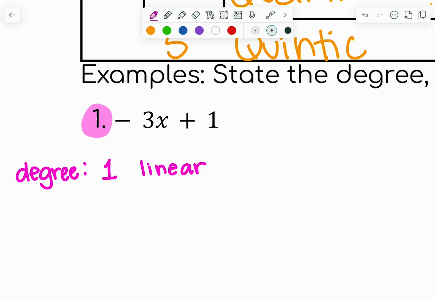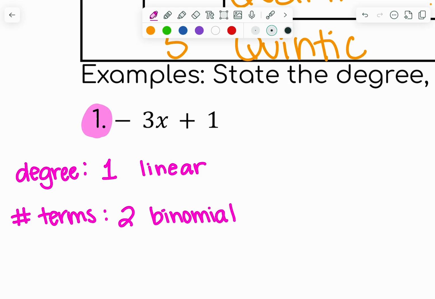When we talk about the number of terms, there is 1 term, 2 terms. So that means this is a binomial. And lastly, when we talk about the leading coefficient, I'm going to use LC for short.